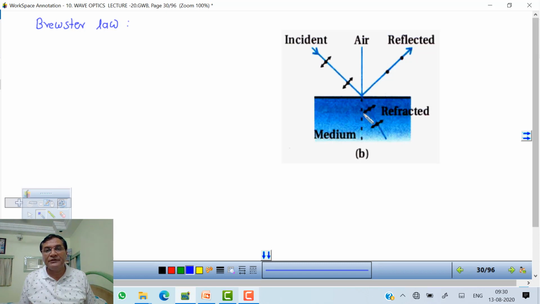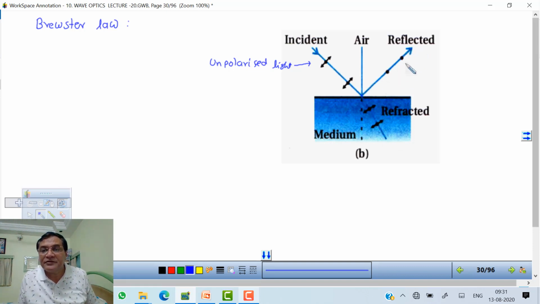So here in the figure, this is a transparent medium, and light is incident. This is unpolarized light coming from some source and it is incident over here. Then two phenomena take place: one is reflection, the other is refraction.